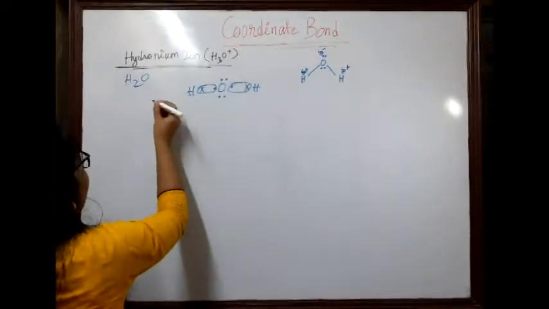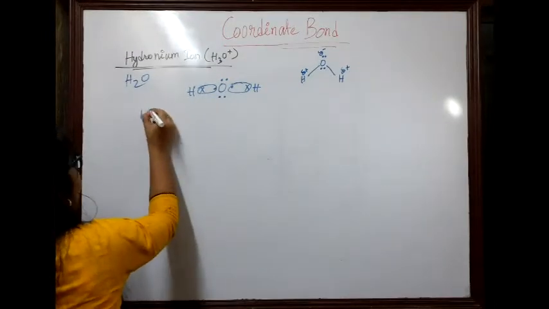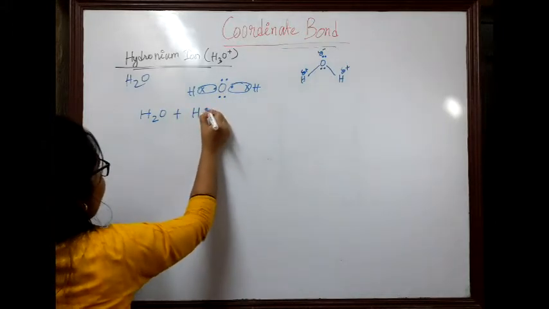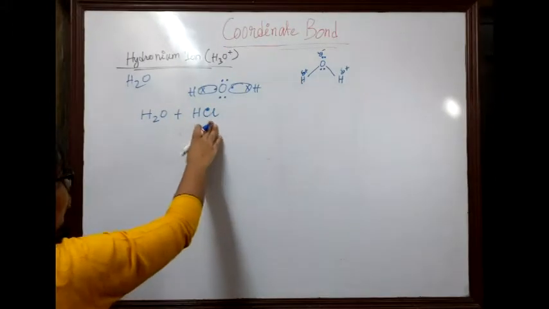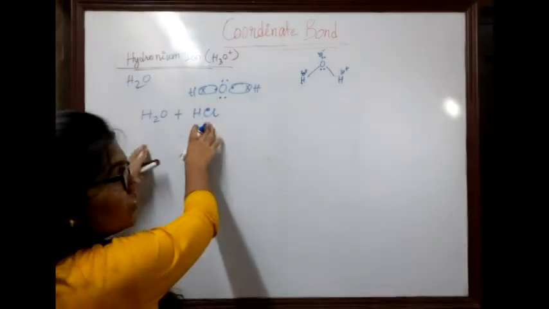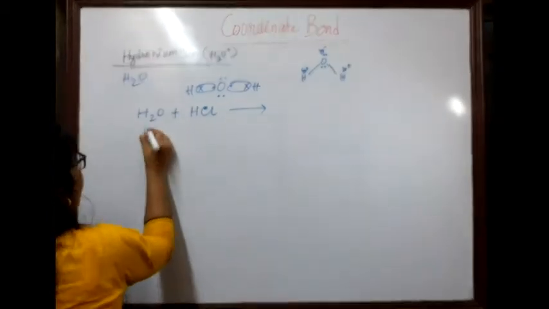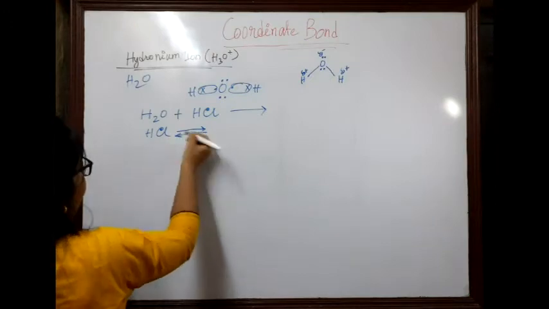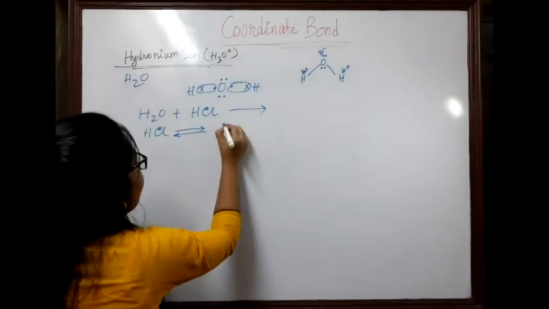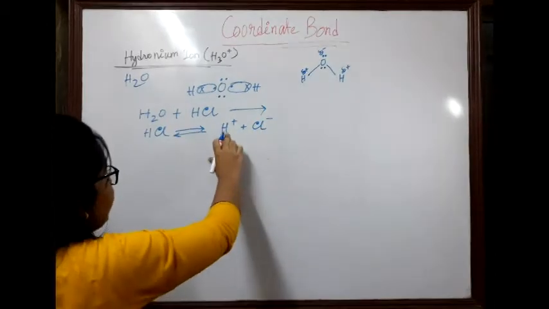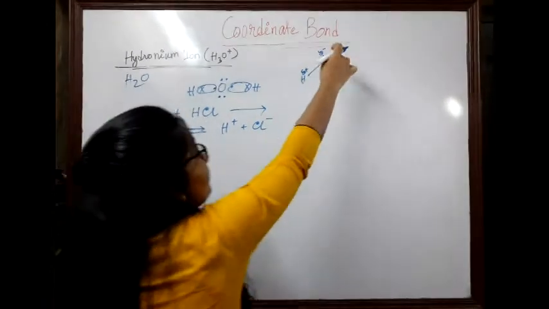So we see the formation of H3O plus: H2O plus acid, HCl. We are taking HCl, a strong acid. Water and the acid molecule are both polar, and here HCl is ionizing into H plus and Cl minus, and this H plus is reacting with this oxygen.